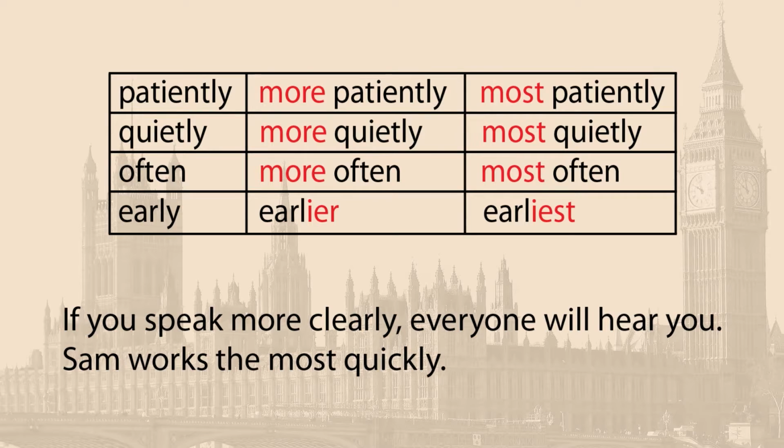But pay attention to the word early. It's an exception. Early, earlier, earliest. Adverbs which have the same form as adjectives corresponding to them form their comparatives and superlatives with the suffix er or est.